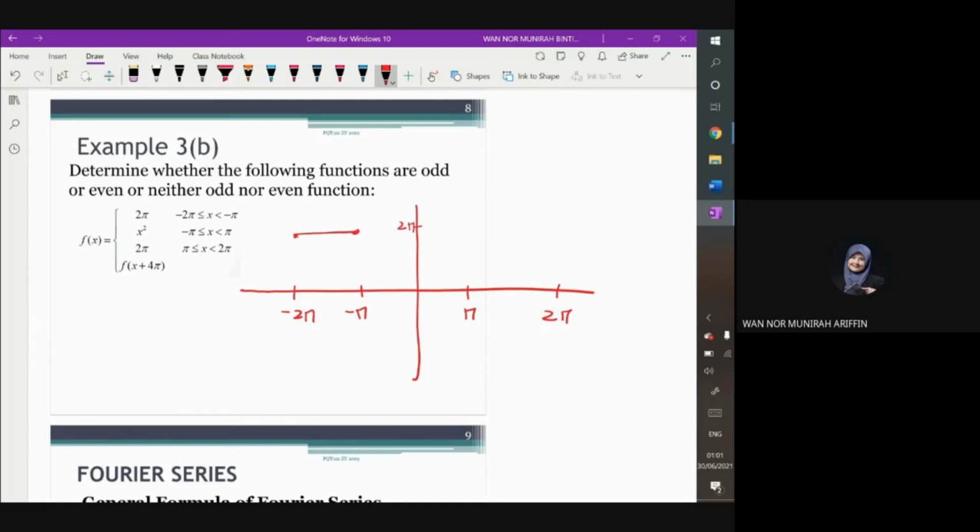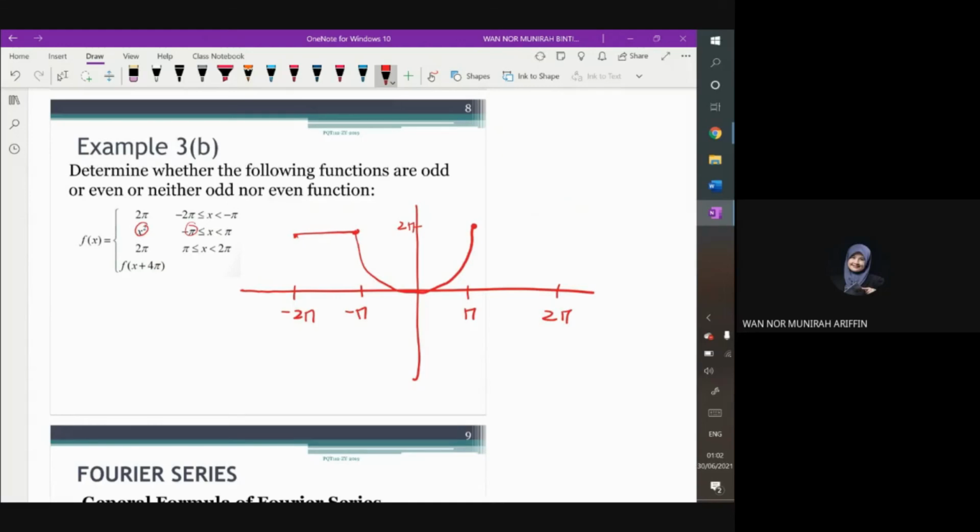And then from negative pi to pi, you have x square here, something probably like this. Negative pi square, x square, and then you substitute here so that you will have pi square.